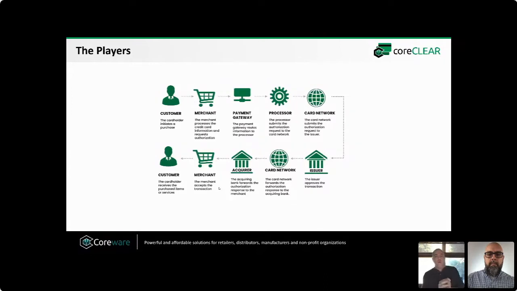I want to start by talking about who the players are in a transaction that's processed. This is important because even though many of you may be savvy enough to understand your statements, you may not understand all of the different players involved in credit card transactions. We start with the customer, and you're the merchant.